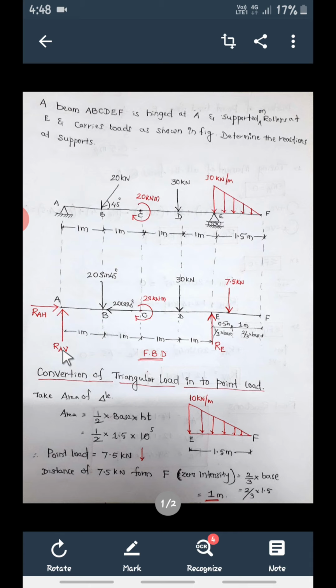Now plus RAV as per the sign convention. Plus RAV minus 20 sine 45, minus 30 kilonewton, then plus RE, then minus 7.5 kilonewton.